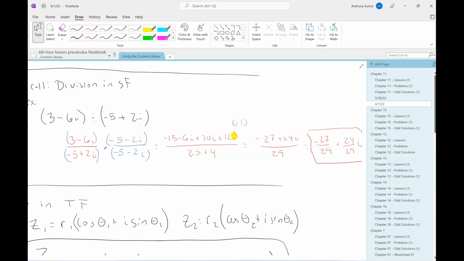And if I were writing a computer program that had to deal with a lot of complex numbers, that's probably what I would do.